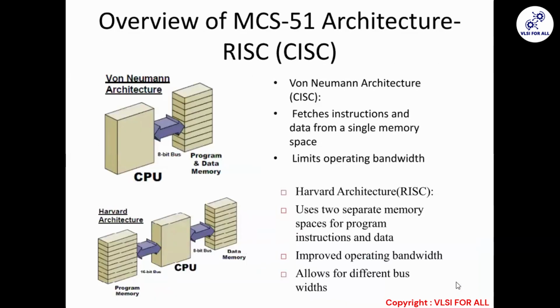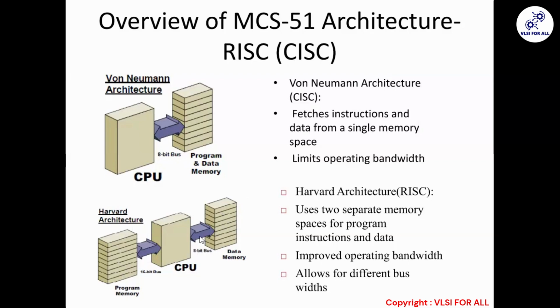In the second slide, I told you about the von Neumann and Harvard architecture. I was trying to tell you that Harvard architecture has, look, this is the program memory and this is the data memory. They are separate, in Harvard architecture.